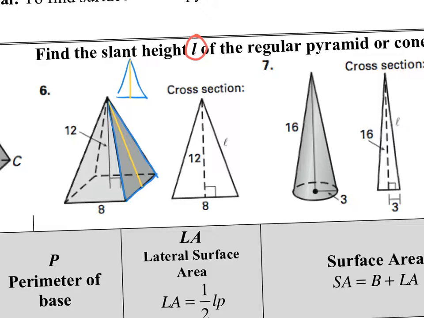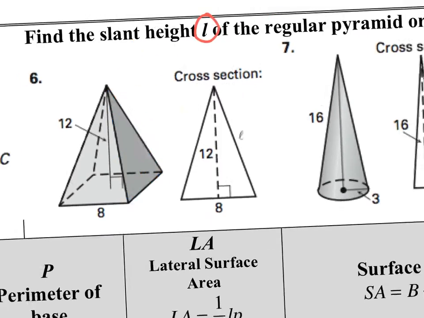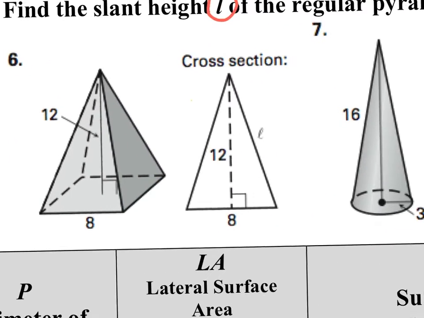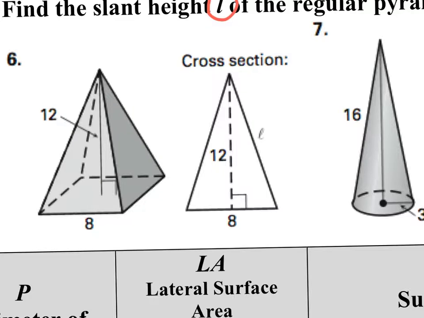All right, so the question is, how do we find out what that slant height is? There's a couple different ways to approach it. Let me look at it from the perspective of a cross section. If you cut this with your butter knife and go straight through, notice you get this triangle here. I'm just cutting straight out, and the 12 that's here is the 12 that's here.